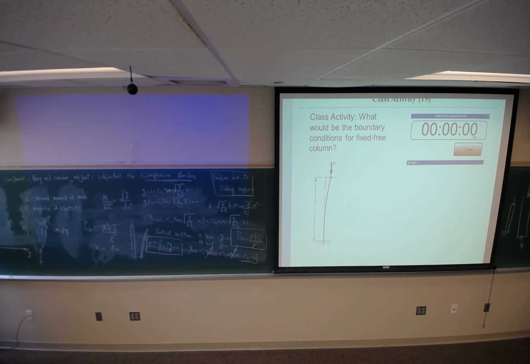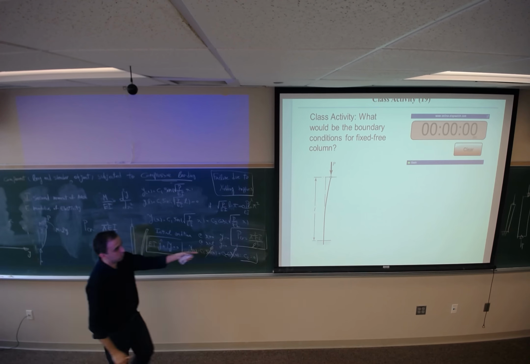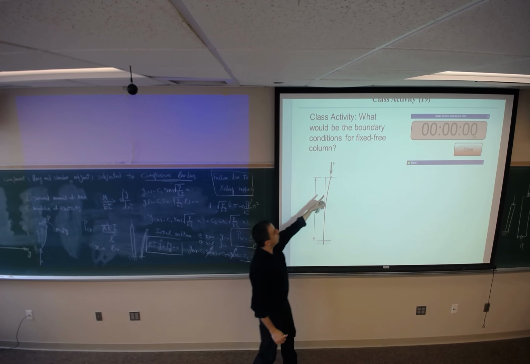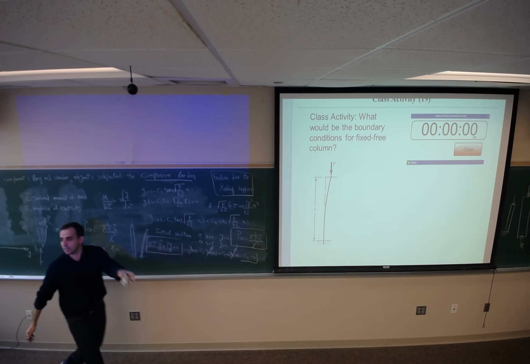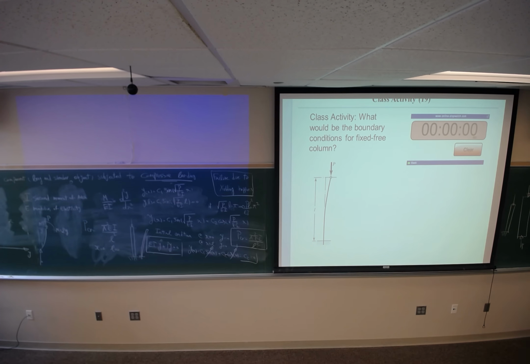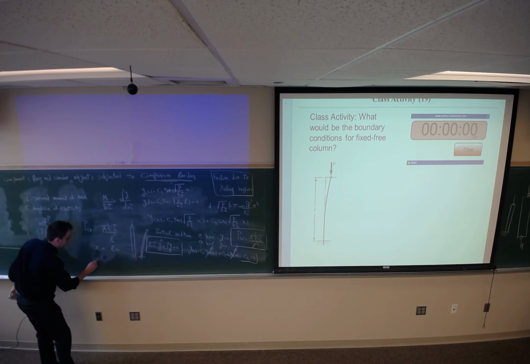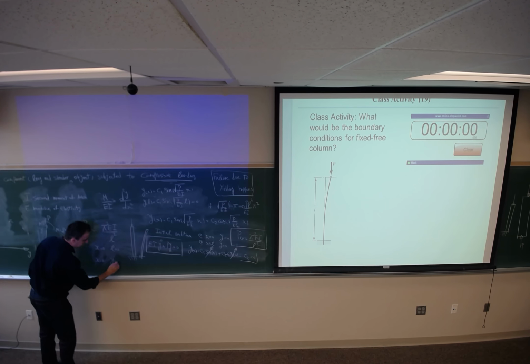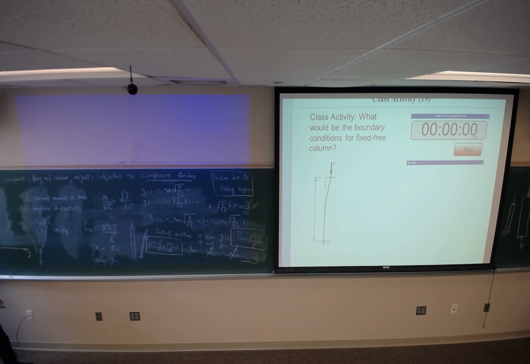Although it's going to be small, you are going to have some deflection over the column. So we cannot say at the middle or any other point that we have no deflection. At x equals 0, y prime is 0. I would like to say that.